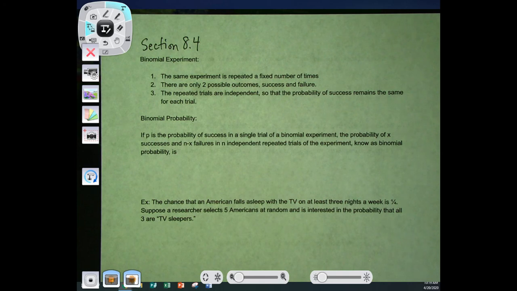In order to do that, we have to know two things. We have to know how many successes and how many failures there are, so a fixed number. And we have to know the probability of success and the probability of failure, and each trial has to be independent.